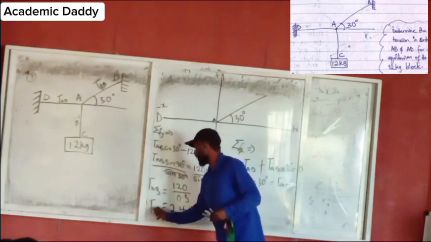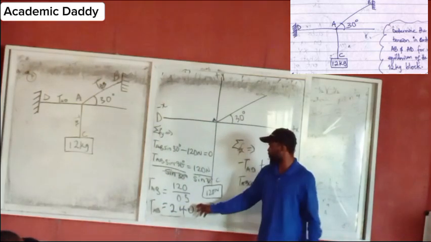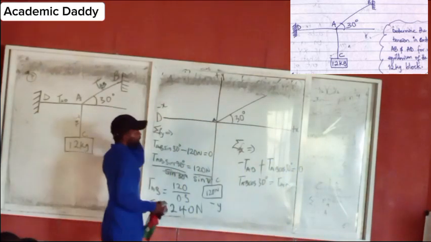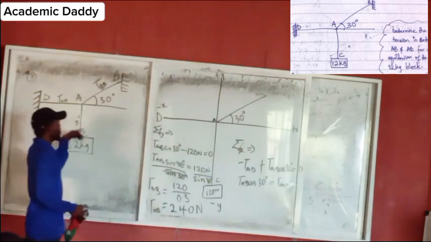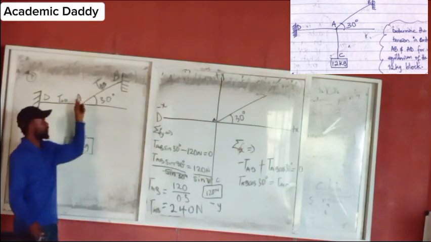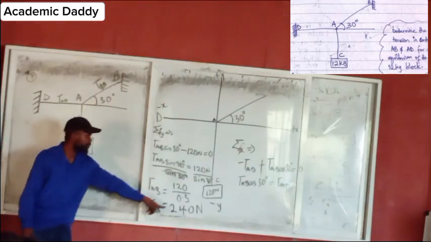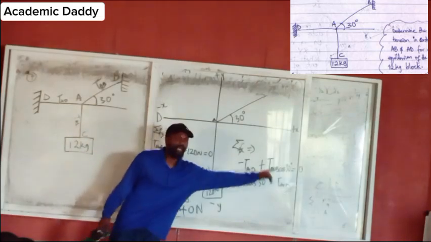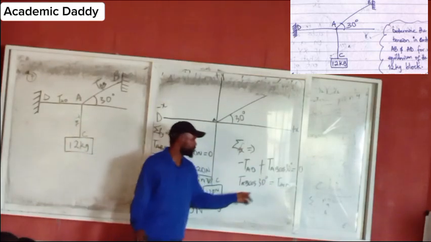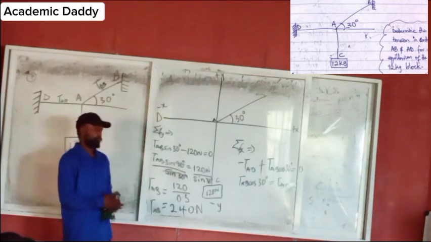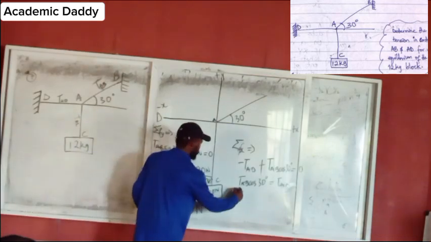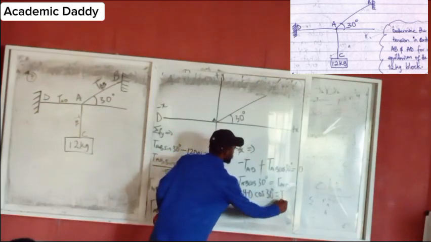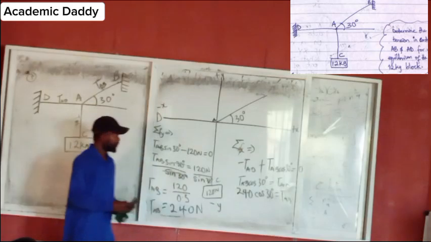So please, what do you have? 240. Yes, okay. So TAB is equal to 240, and this is going to be in Newton. So I've been able to get TAB. Remember, which part is my B? This part. With this, I'm able to get TAB to be equal to 240. But let's look again. On the x-axis, notice that TAB cos 30 is equal to TAD, which means I can put this as 240 cos 30 degrees is equal to TAD.